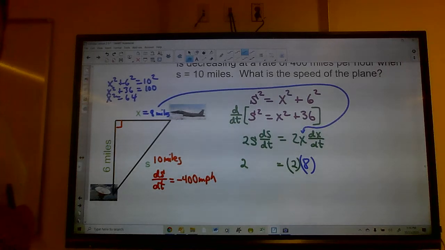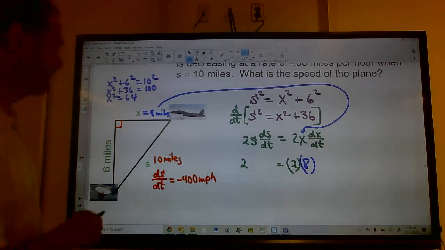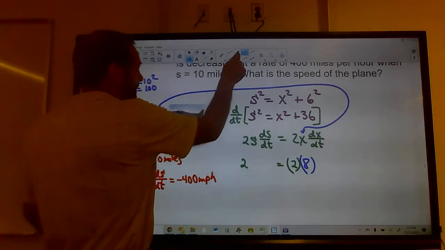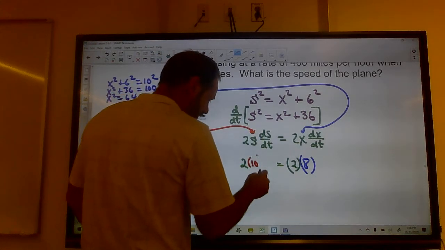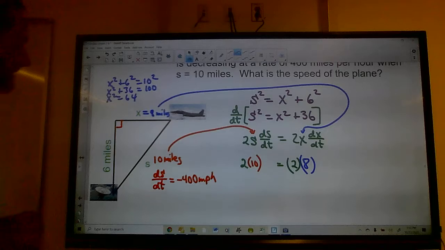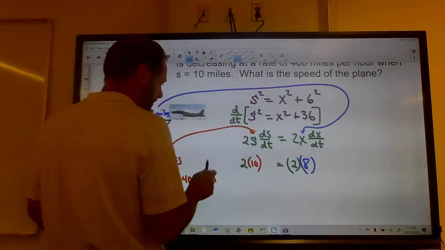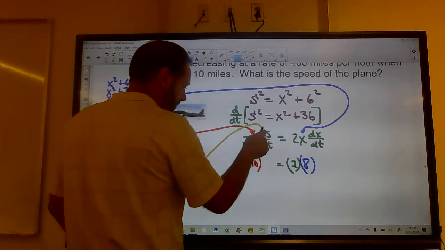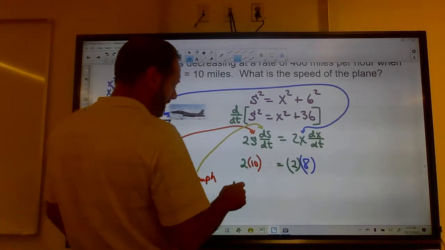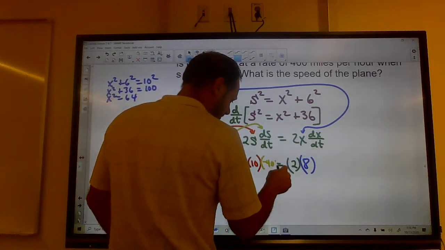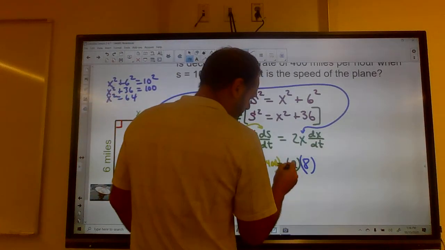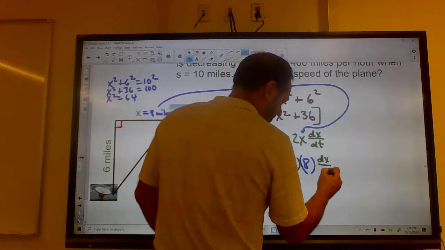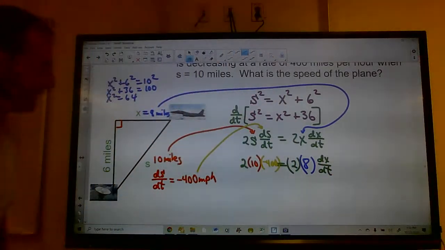Okay, what else do we know? We know S. S is 10, so that goes right there. We know ds/dt. That's going to be negative 400. So this is going to equal that equation right there.